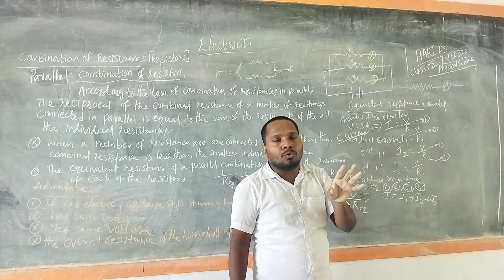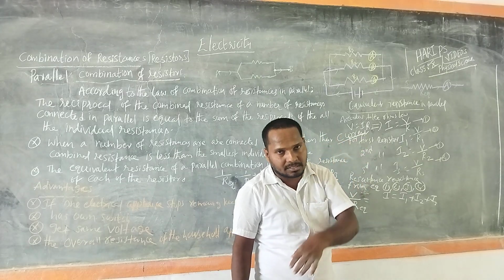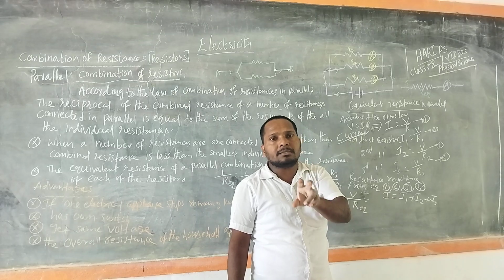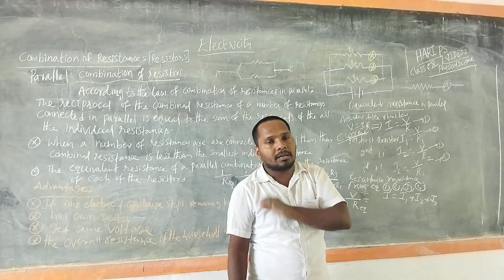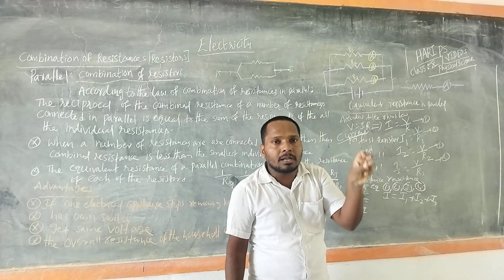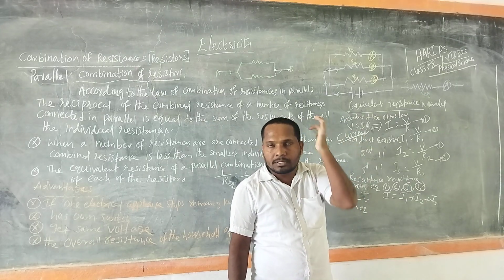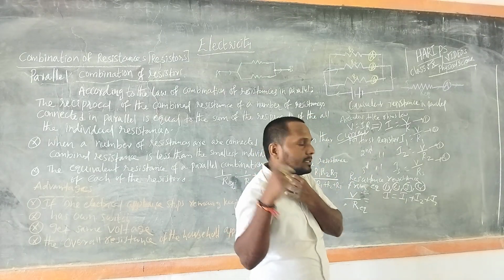The current flowing through the resistors depends on the resistance of each resistor, so a different amount of current is passed to each resistor. The total current is the sum of the current flowing in each resistor.